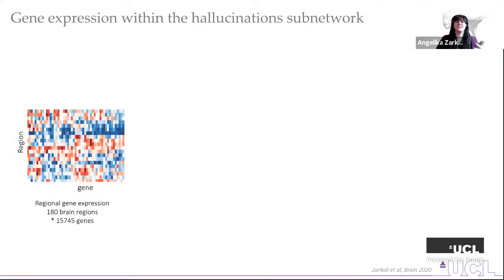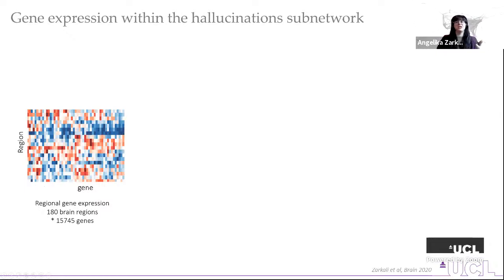We have this information for over 180 brain regions and more than 15,000 genes. Here I have visualized this information where the rows are different regions and the columns are different genes. Again, blue is higher expression, red is lower expression.